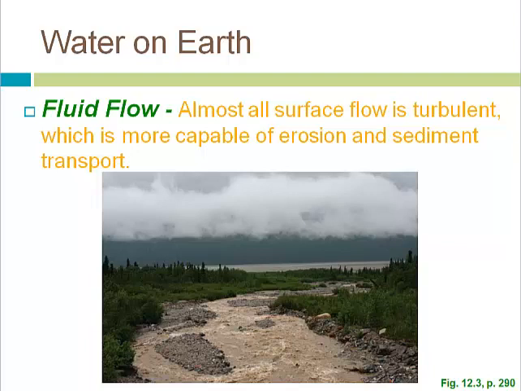And when it does this, it picks up material and moves it around. This is what normally we think of as erosion, but we often don't think about it in a scientific sense. We just look at a stream and go, oh look, it's muddy, and that's a process of erosion right there.